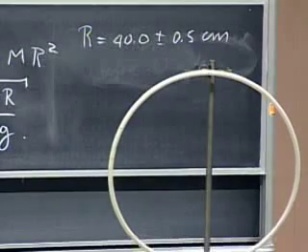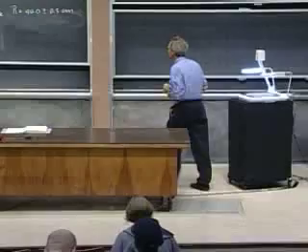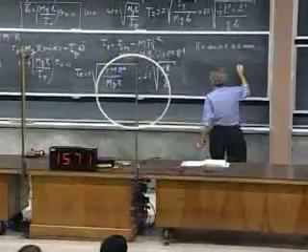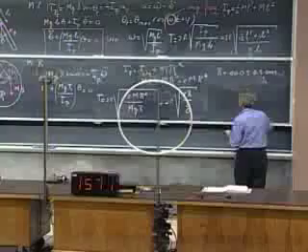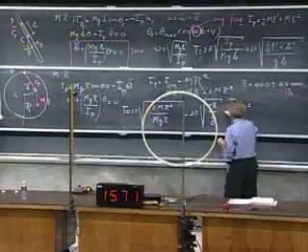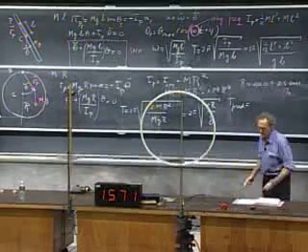Well, the reason is it's not a perfect circle. So if you measure the diameter at various places, you don't always get the same. And so that's why I allow for half a centimeter uncertainty. So that's a 1% uncertainty in R. Under the square root, that becomes half a percent. And so the prediction then would be, if I put in the numbers here that we have, is 1.795.